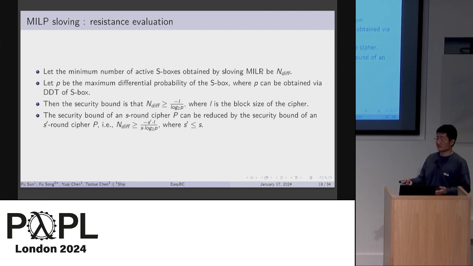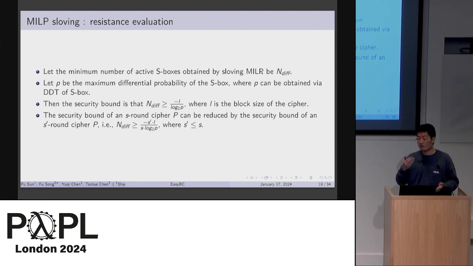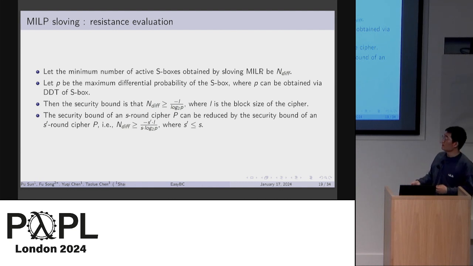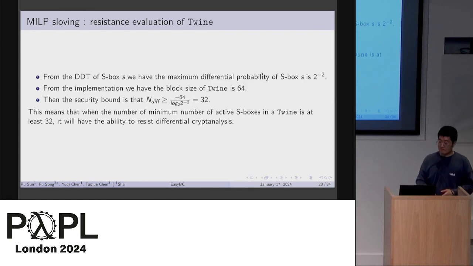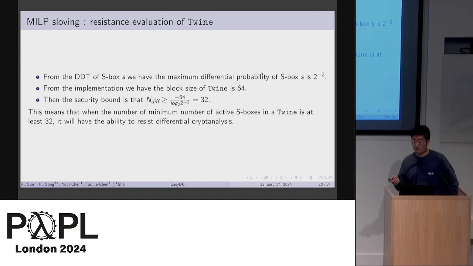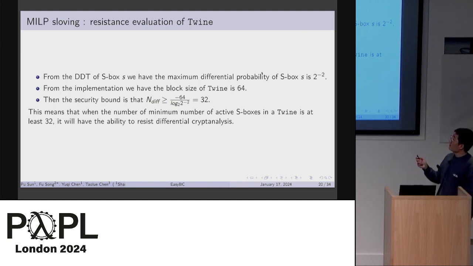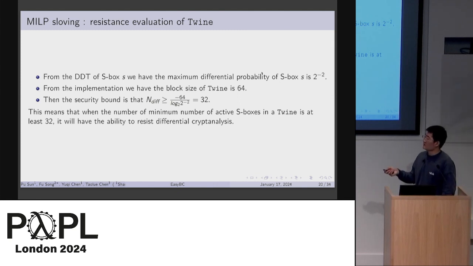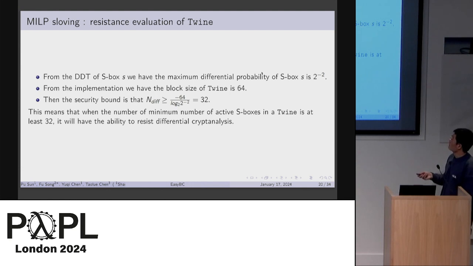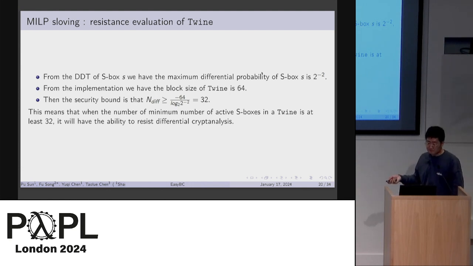In some cases, the constructed MILP model may be too large to solve. Hence, we can evaluate the security by using a cipher with a small round number. Specifically for block cipher 2, its max differential probability is 2 to the negative 4, and it has block size 64, and then we can deduce that when the minimum number of active S-boxes is at least 32, it is secure enough.